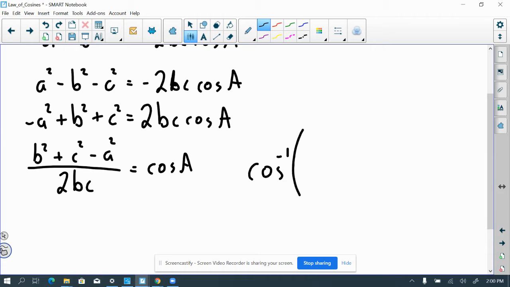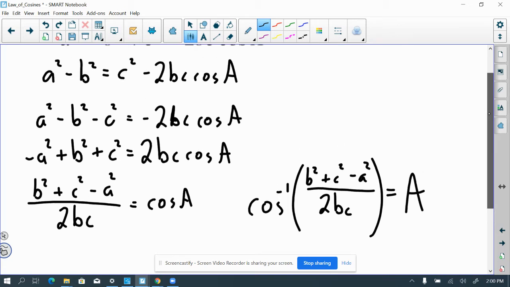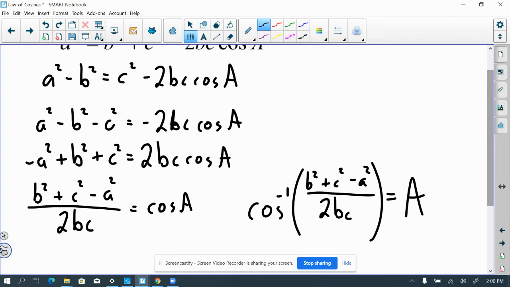Cosine inverse of this monster, b squared plus c squared minus a squared all over 2bc, is the same thing as angle A. They're all law of cosines, and we should be pretty adept at just multiplying, dividing, subtracting on both sides of the equation and realizing that we have the same situation, just represented differently. In Algebra 1, this is the slope-intercept form, but I could write that as y minus b equals mx. So let's put this into practice.